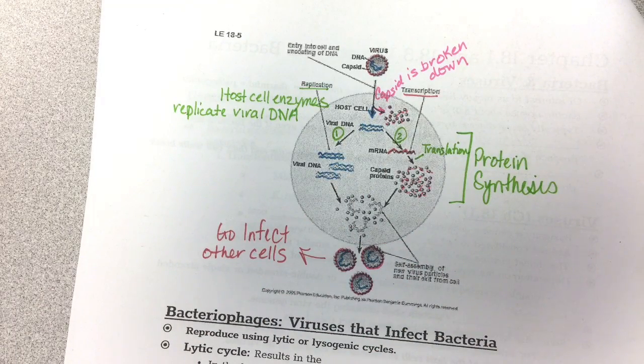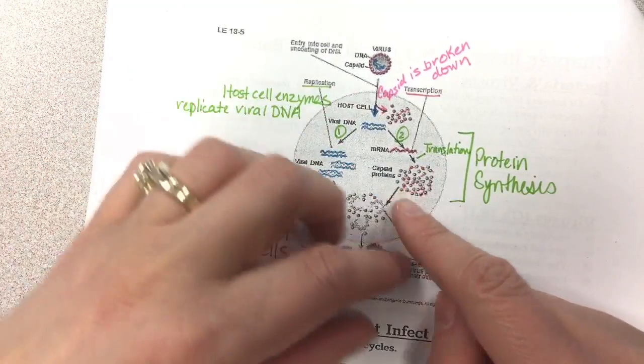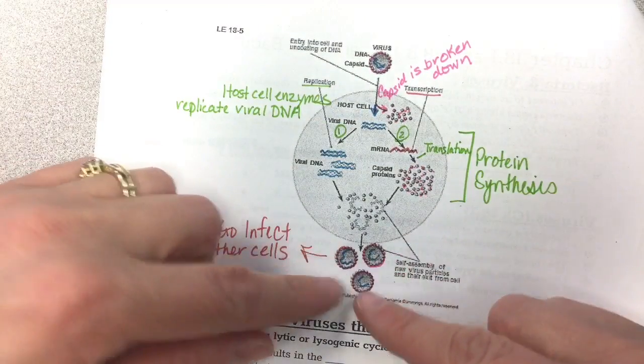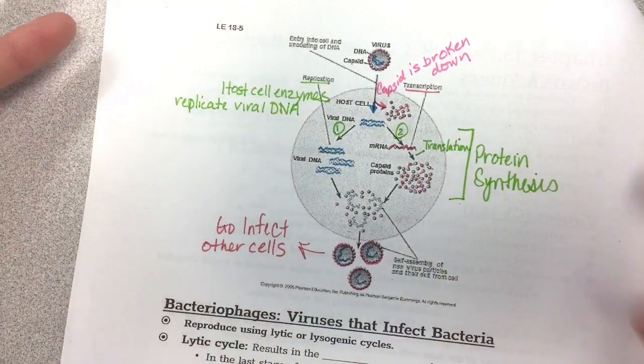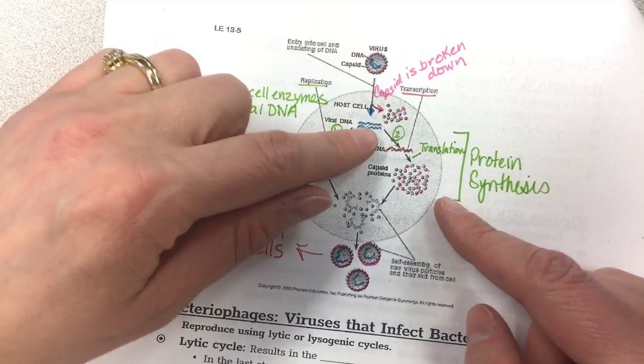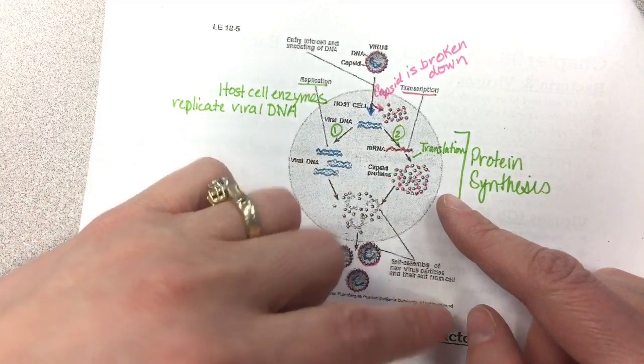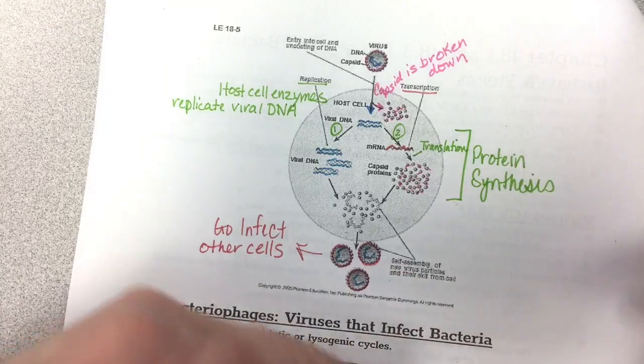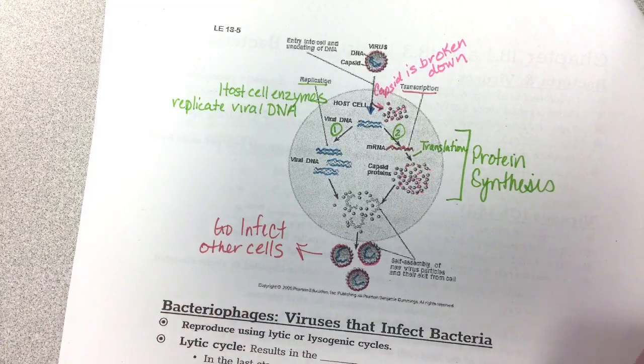So the virus uses one cell. Viruses can do a couple of different things when they infect a cell to get new viruses. Some viruses kill the cell and produce hundreds of new viruses that go and infect other cells. Some viruses incorporate their DNA into the host cell's DNA and can stay put there, and therefore always be able to make viruses.